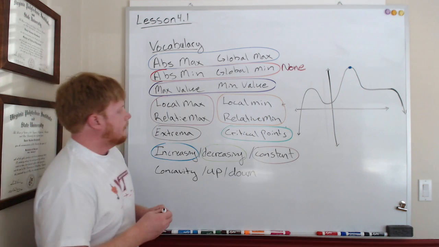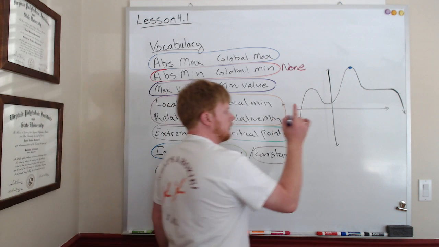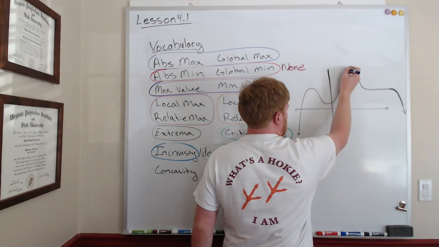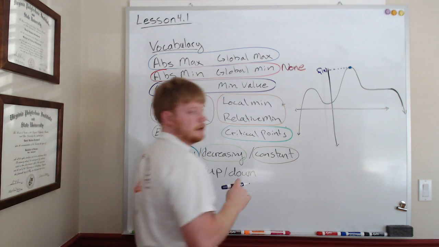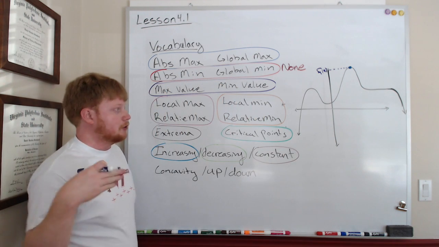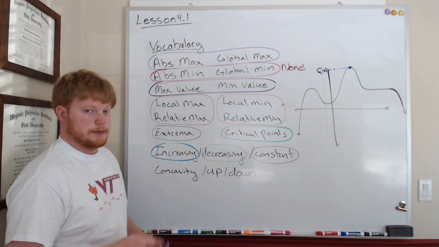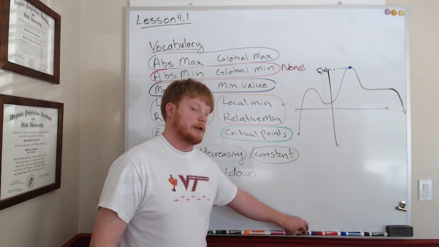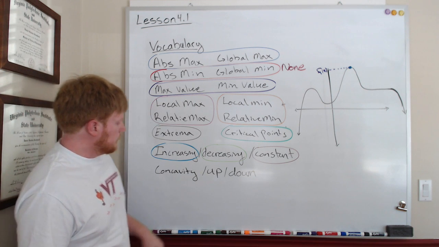Okay. Maximum and minimum values. The value refers to the actual f of x value that you get out when you plug in the x to the function. So that would be the maximum value. Again, there is no minimum value. Local and relative max.